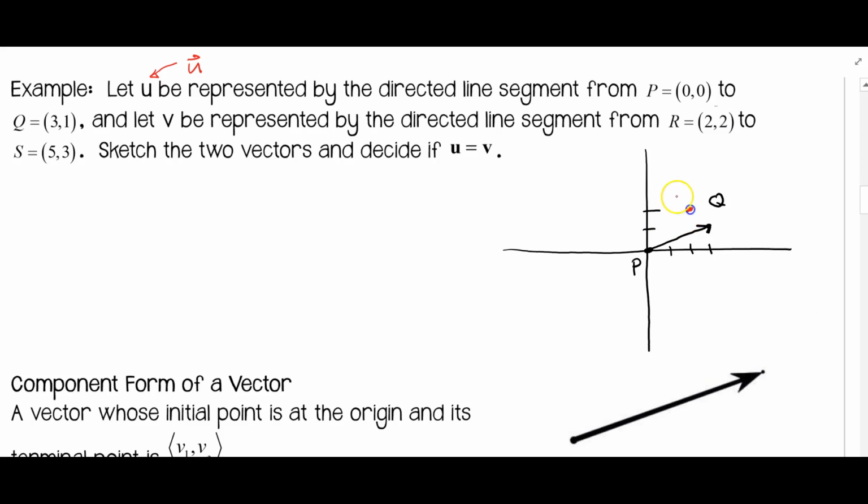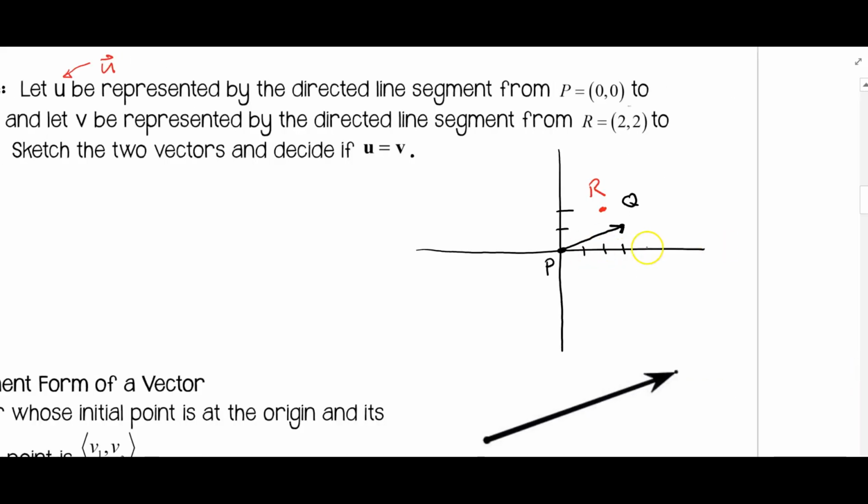So here's R, and we have S at 5, 3. So here's S, and here's our other directed line segment. So they kind of look like they might be equivalent.